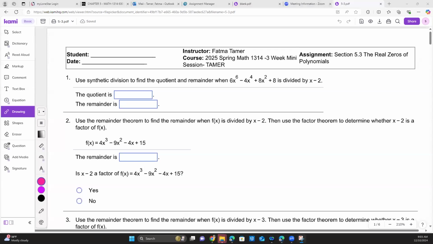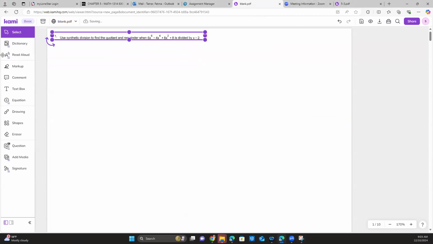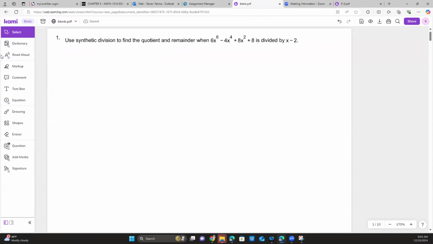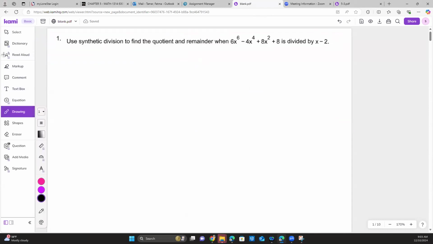I bring this question to this bigger paper to have more room. Okay, so when we want to solve this question, first let's put the function in standard form.